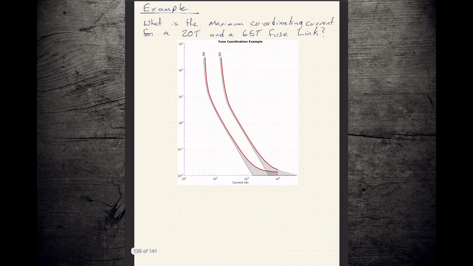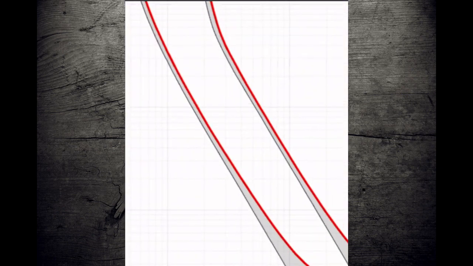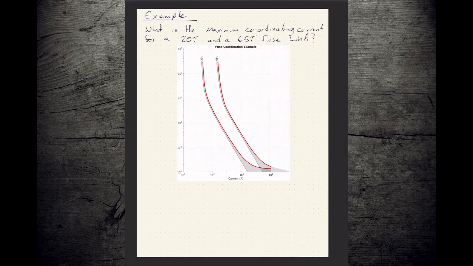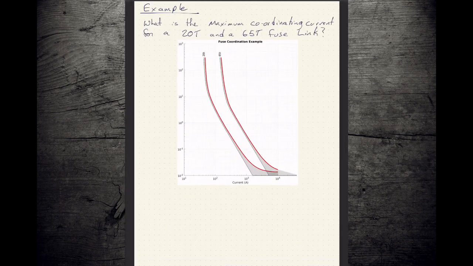The example is, what's the maximum coordinating current if we took a 20T and a 65T fuse link? The way you solve this question is we have to translate the minimum melt curve on the upstream, or protected device, the larger of the two, and move it over this way so that the values are down to 25% of what we'd have had otherwise.